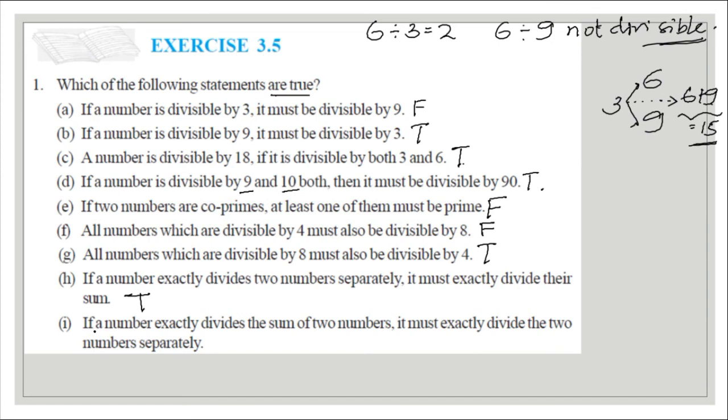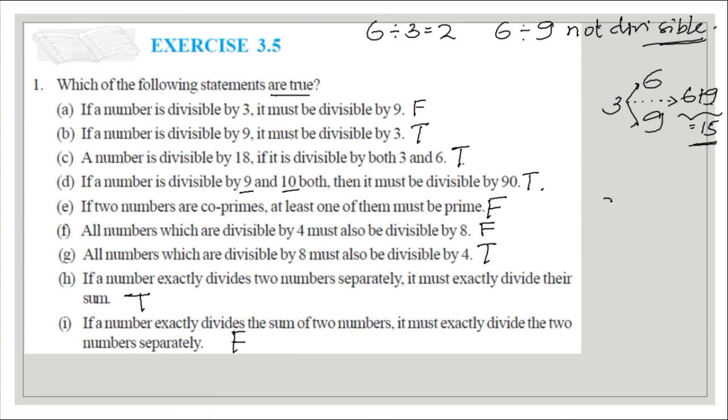Next statement. If a number exactly divides the sum of two numbers, it must exactly divide the two numbers separately. This is a false statement. If a number divides the sum of the numbers, it must divide two numbers separately.